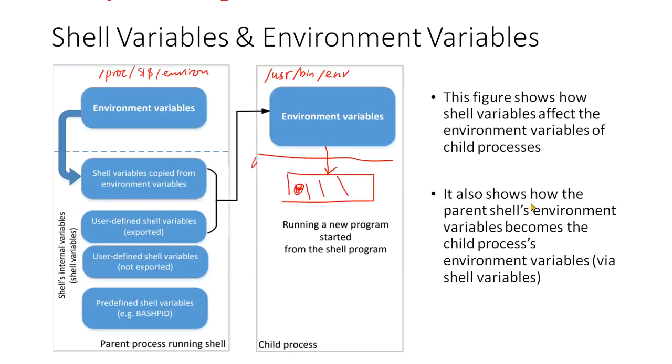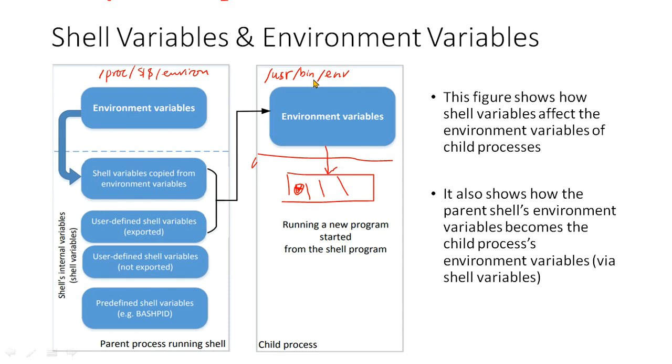But all you have to do is remember this diagram. When we start a program, all of the environment variables are copied to the shell variables, and we can only change the shell variables. We cannot make changes to the environment variables. If you want to change environment variables, we can only change our shell variables and then create a new process.